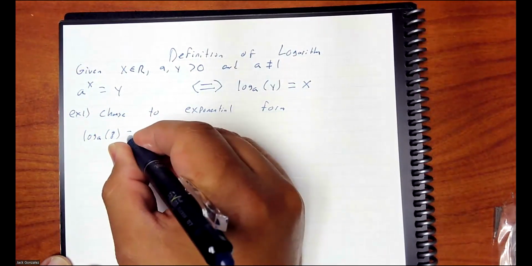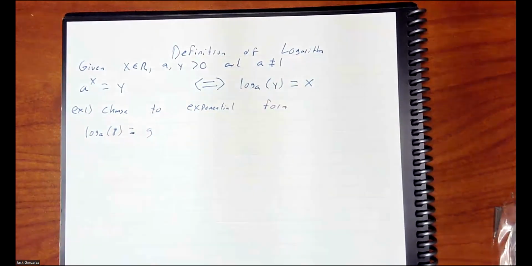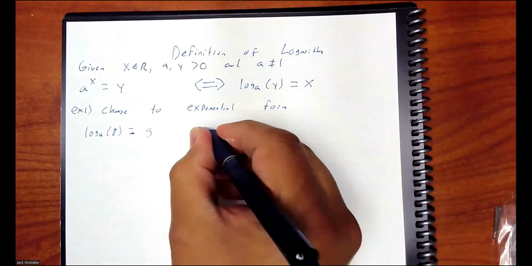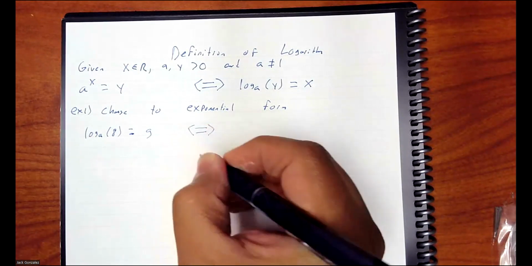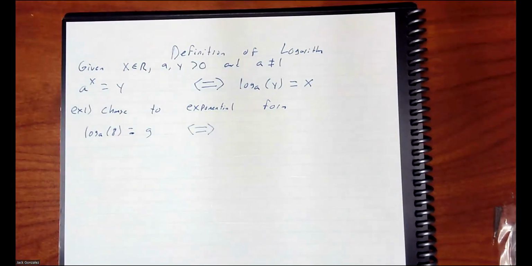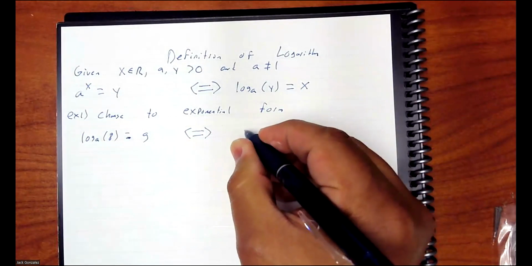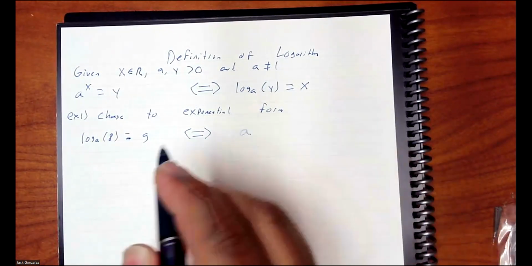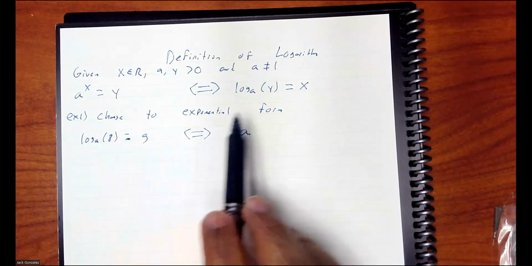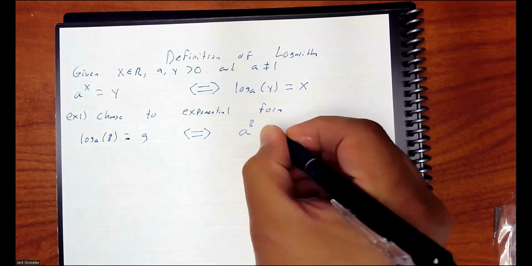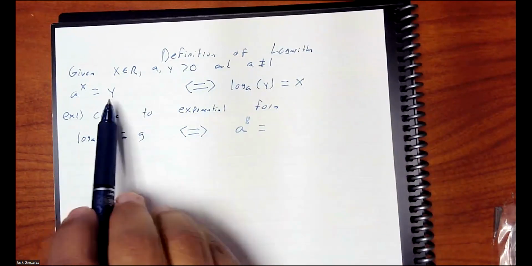What is that an exponential? The base is a. So you would say a to the x, which is what this is equal to, right? And is equal to y, which is the argument.